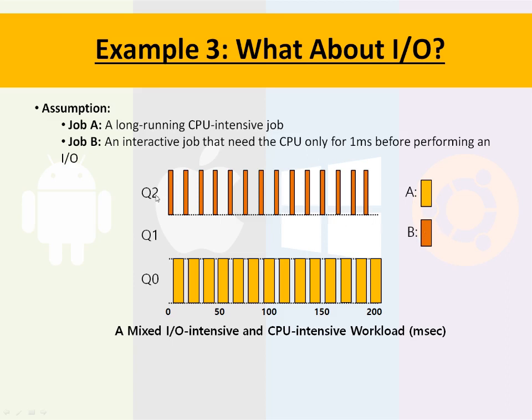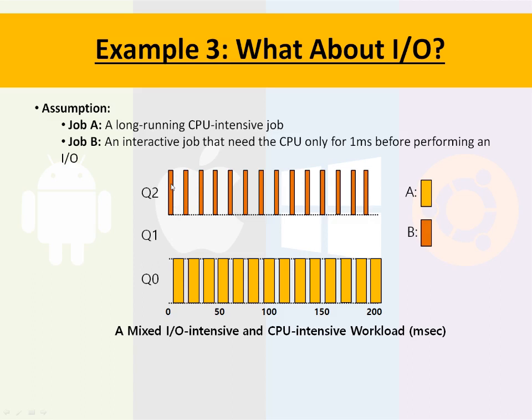Now we see that our job B runs for 1 millisecond and then gives up the CPU to wait for an input-output, and that's why job A is scheduled, because in this time we're waiting for input-output.